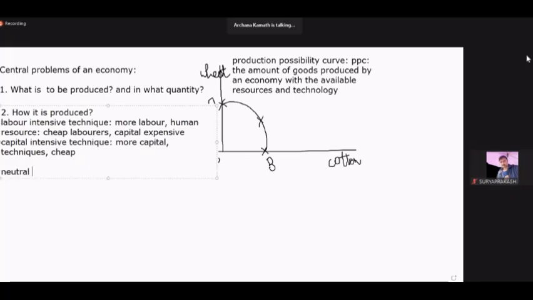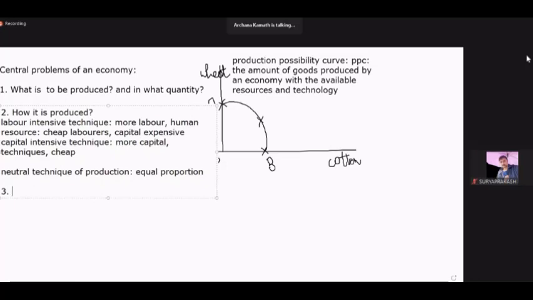That kind of technique of production is known as the neutral technique of production, where you are using both labor and capital in more or less equal proportion, which is commonly used in all countries these days.